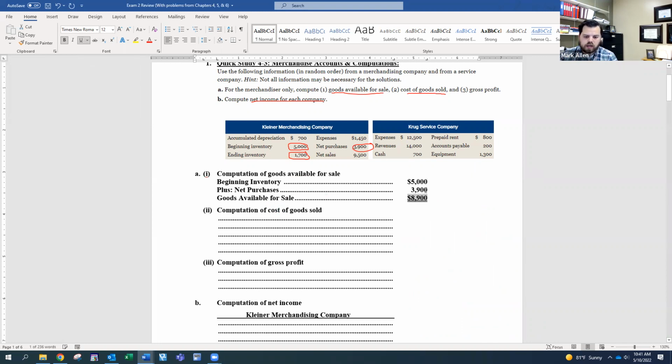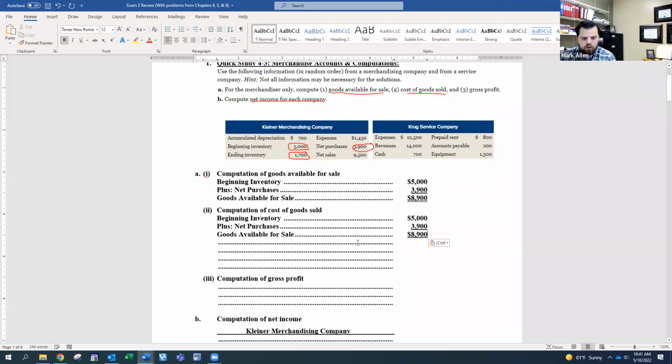So we'll go ahead and get a nice double underline there, and a nice single underline here. And now for the cost of goods sold, you can do this in one step, but just so you see how this is all tied together, I'm going to repeat all of these three lines. So I'm just going to pull that down. But of course, at this point, this won't be a double underline anymore because that's not the end. So we'll get rid of that. That gives us our goods available for sale.